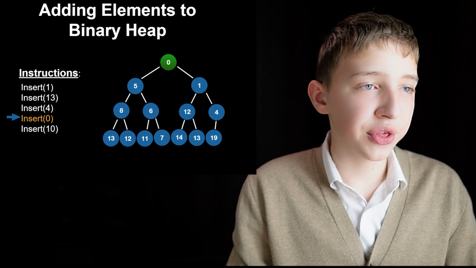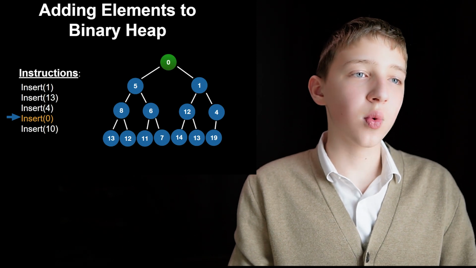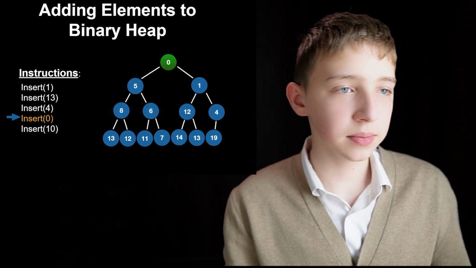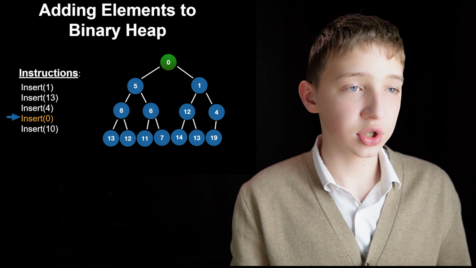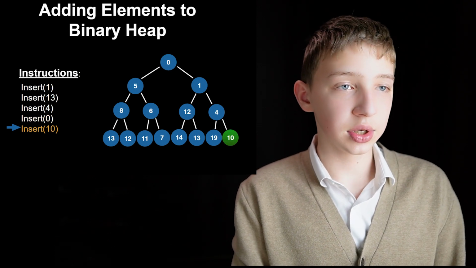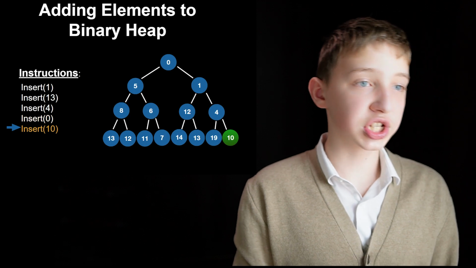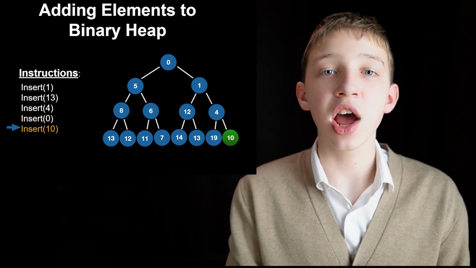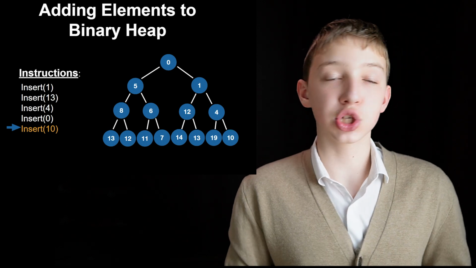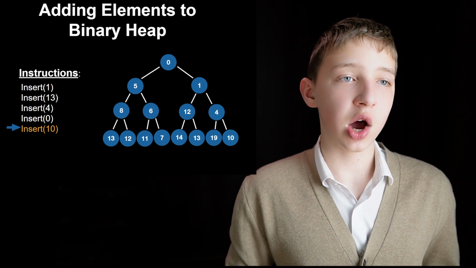Okay, and the last one is number 10. We insert it at the insertion position. However, this insertion did not violate the heap because 10 is greater than 4. So we do nothing here. We just insert it, and now it's great.